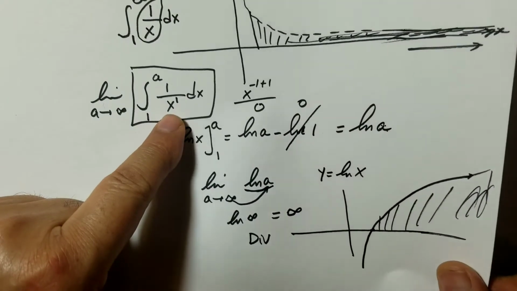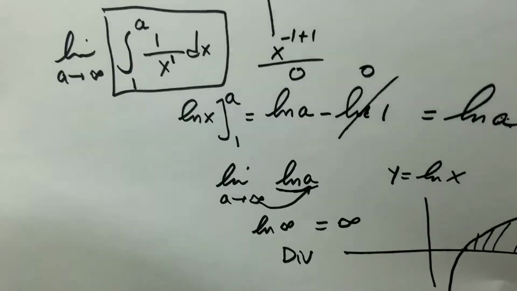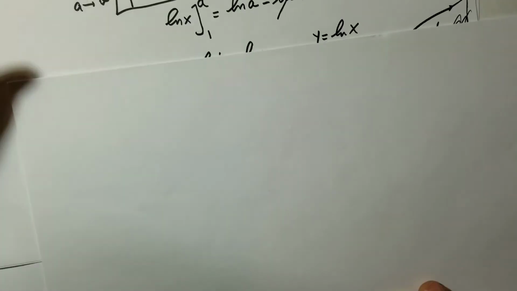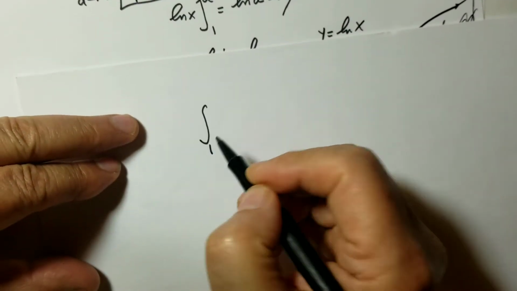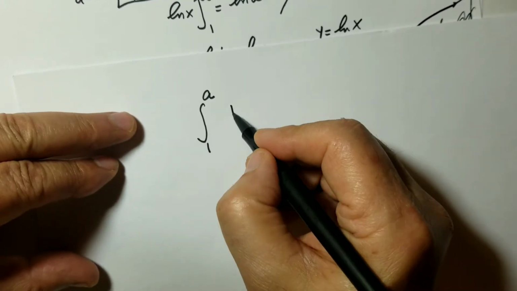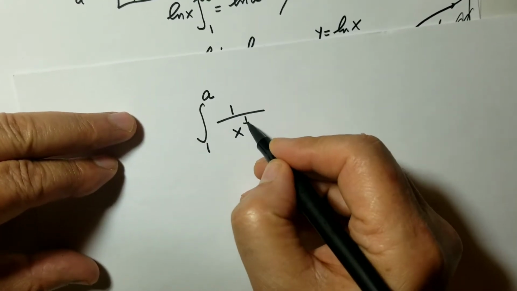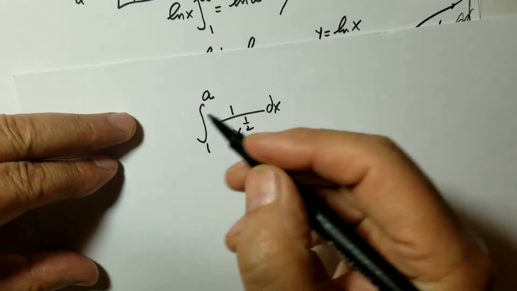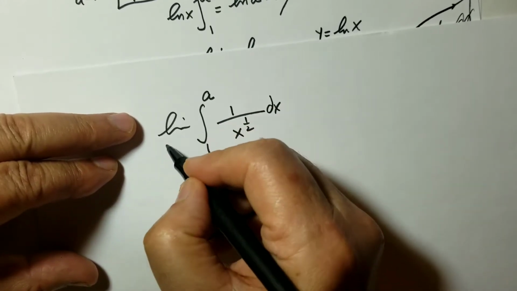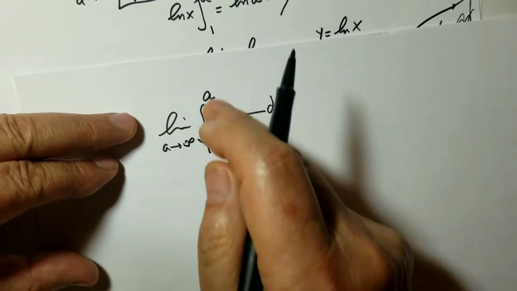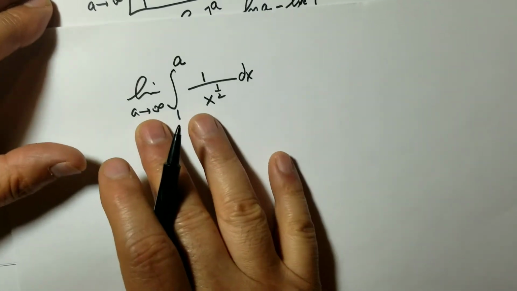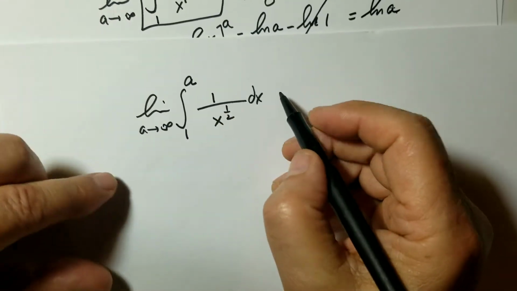I'm going to do one with the power less than 1, which is not a natural log. Okay, 1 through A, 1 over x to the power of 1/2 dx, and I'm going to take the limit as A approaches infinity. Remember, that's 1 through infinity, same thing, but I'm going to make the power less than 1.